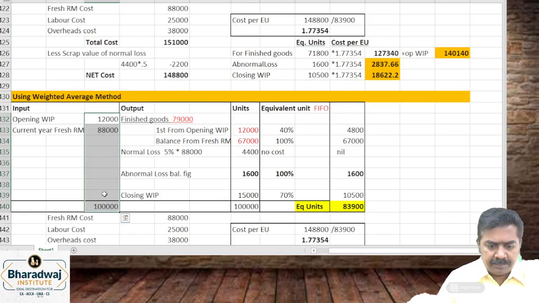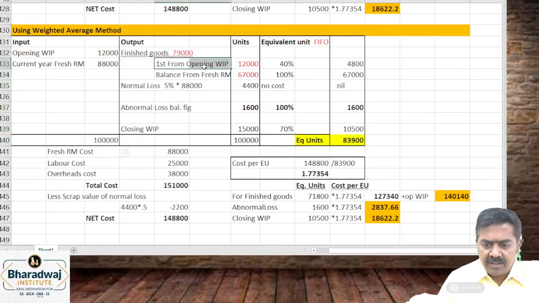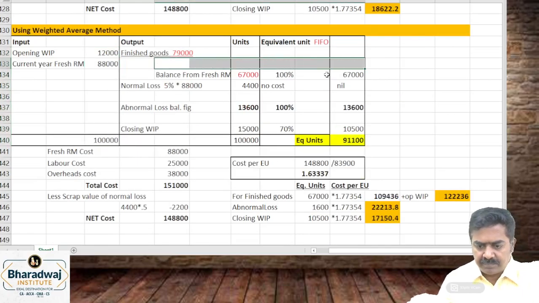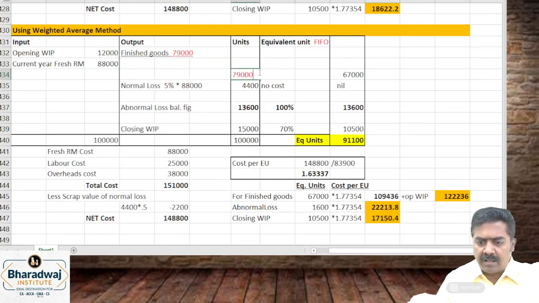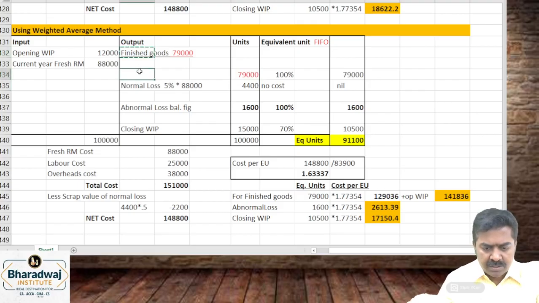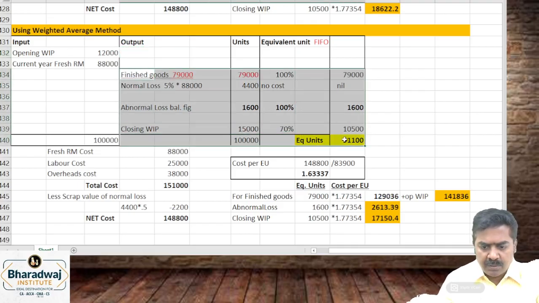This is same. Here we don't classify. Full 79,000 we take 100% completion. For the finished goods transfer to the next process, we take 100% completion.